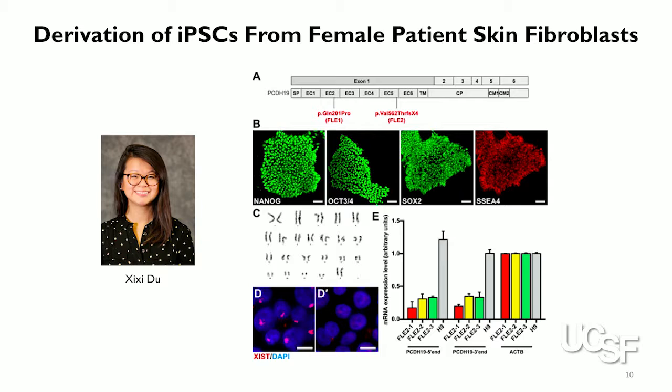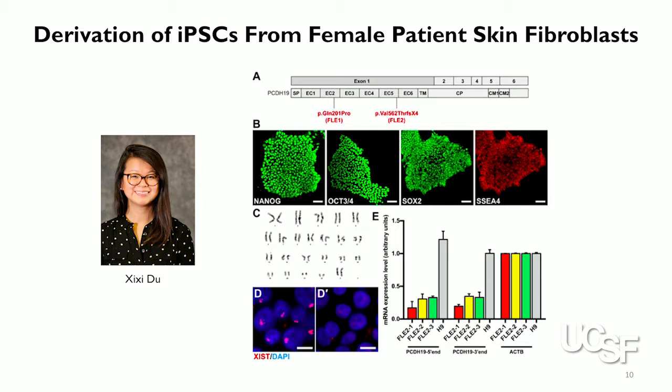Then we did chromosome karyotyping to make sure the karyotype is normal, and we also did in situ and Sanger sequencing to make sure we see mosaic expression of two different alleles in this population.